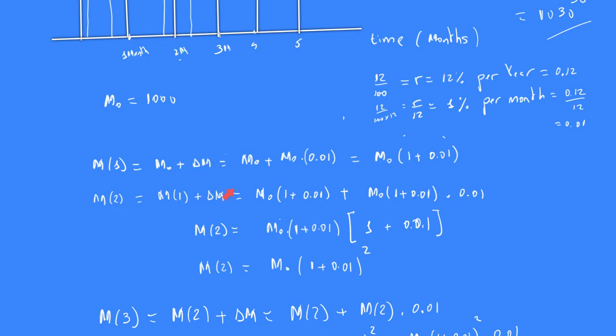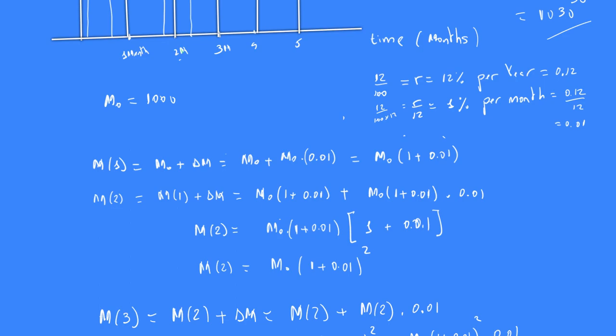And the change in the amount is M0 multiplied by (1 plus 0.01) multiplied by 0.01, that is the interest that you will earn because you made the deposit and maintained it for 1 month. If you see, there is a common factor here. So M2 will be the common factor multiplied by (1 plus 0.01). I get an expression: M2 is M0 multiplied by (1 plus 0.01) squared.